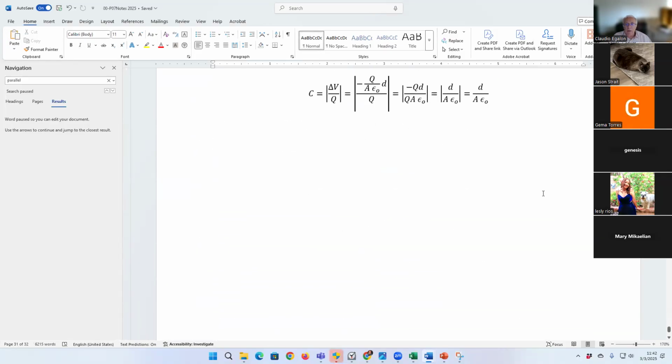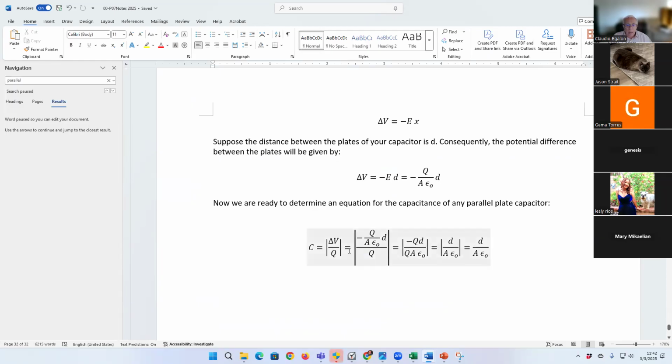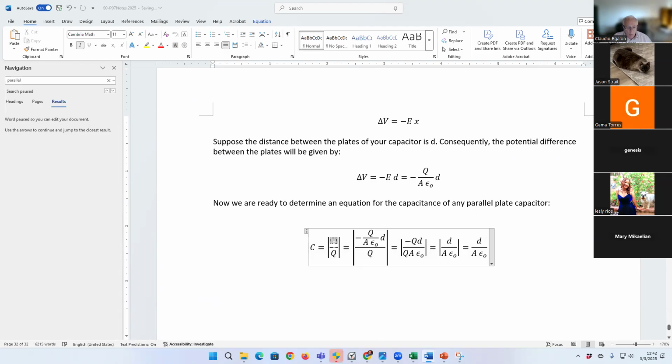Now let's fix what we're doing here. Q delta V. Okay, this one is correct. What's not correct is this one here. Q over delta V. Okay, and this delta V goes downstairs. And Q goes upstairs, okay?